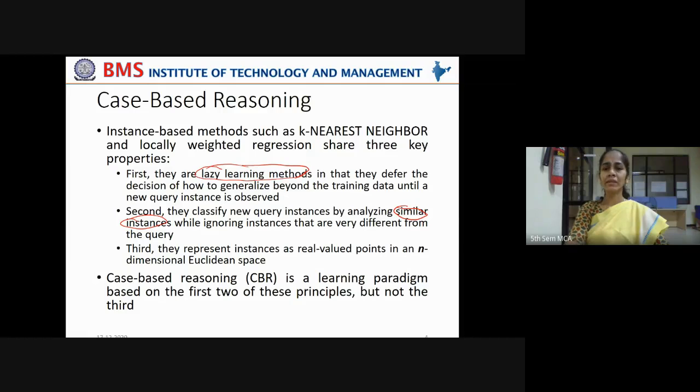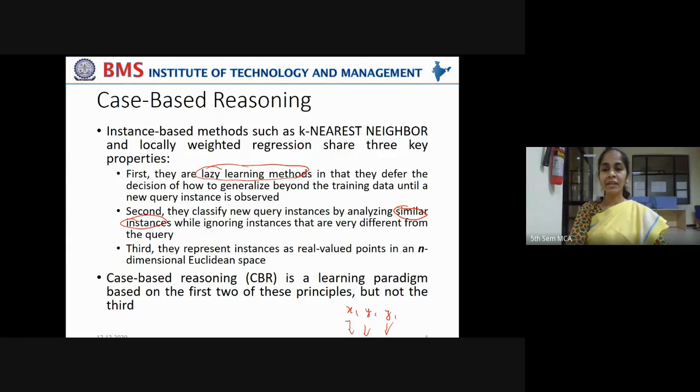That is another approach. And the third property is they represent instances as real valued points in an n-dimensional Euclidean space. Now, if you take x1, y1, z1 as the properties or attributes of the data point, all these should be numerical values. Only then will you be able to find the difference between existing instance and new instance with the help of Euclidean distance.